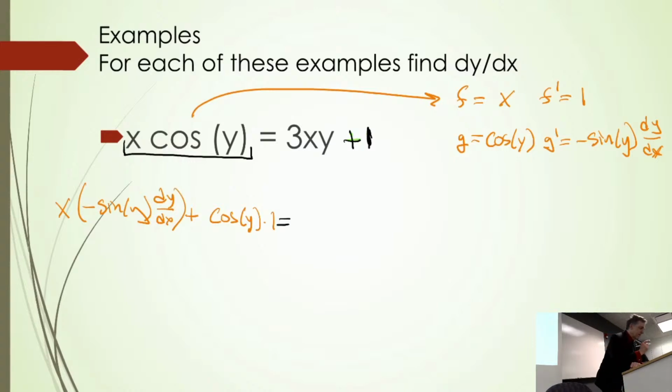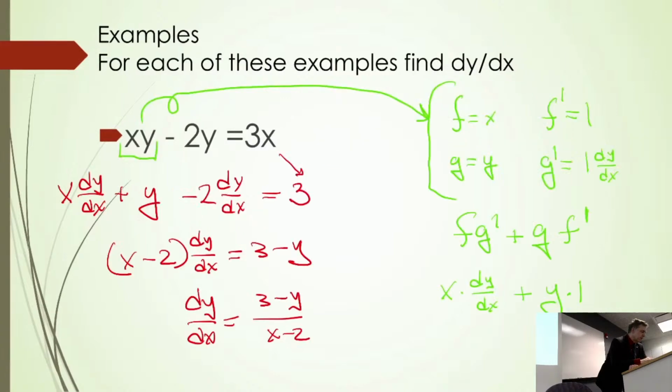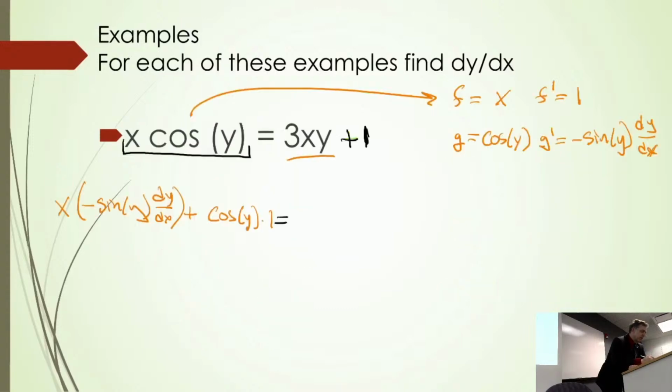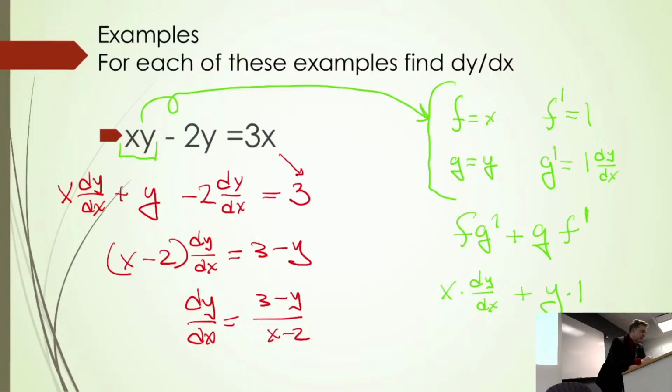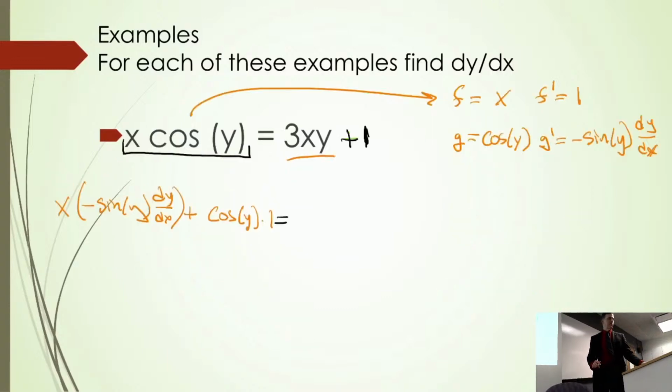Okay, so next we're going to want to deal with this 3xy. It's a product rule as well, but we kind of did that product rule just a minute ago, didn't we? We did it right here, in green on the right. The only difference is that this one is 3xy, but it'll work out the same.